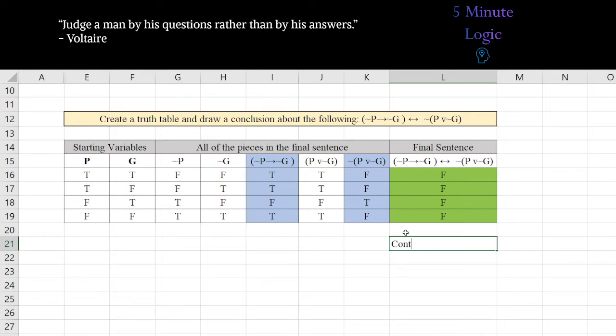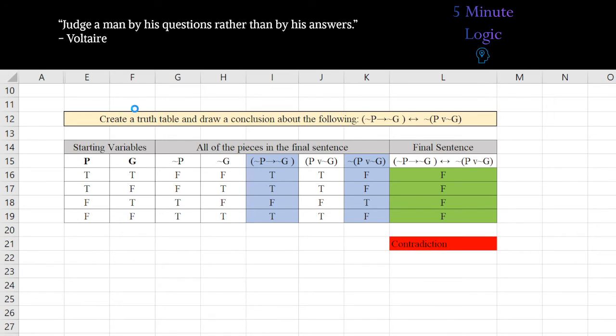So the conclusion that we drew is that it's a contradiction, and that no matter what situation presents itself in terms of the truth variables here, the final result is going to be false.